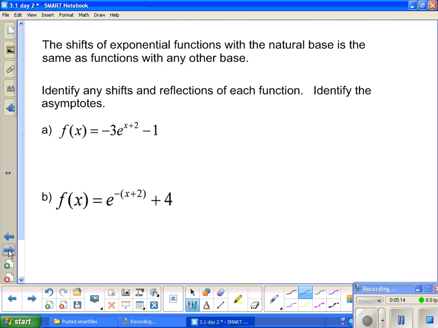Let's talk about the shifts. They identify the shifts and the asymptotes. You use it exactly the same way as any other exponential function. So if I'm looking at this reflection, it's reflected in the x. It's going to go left 2, down 1.